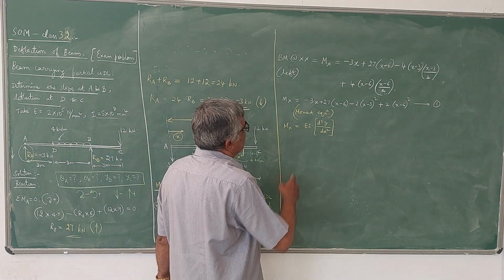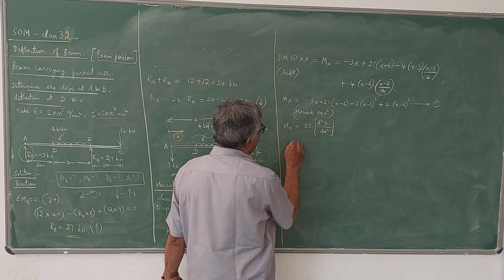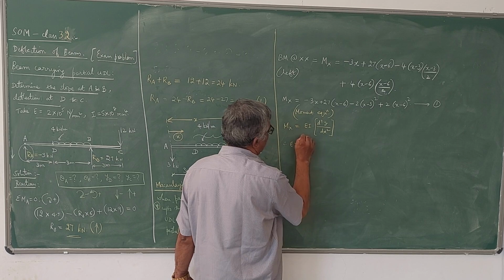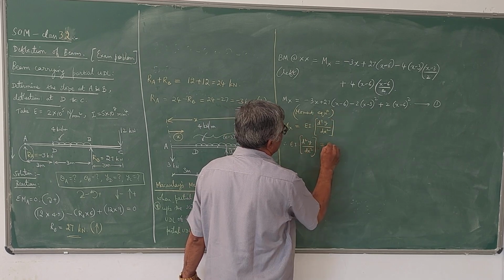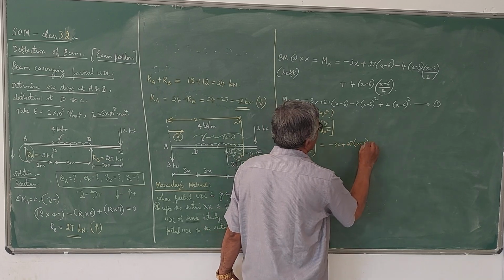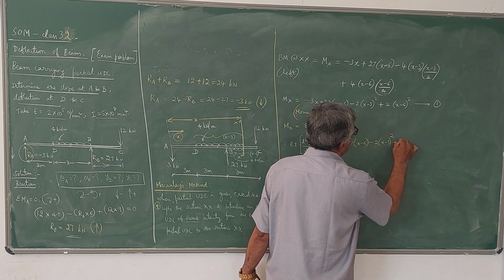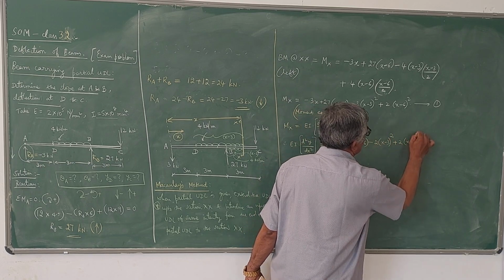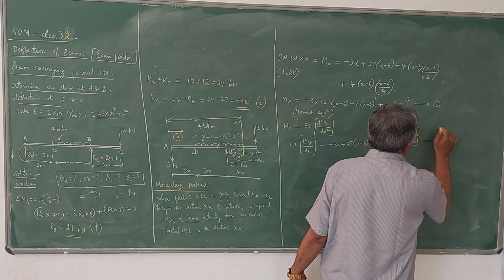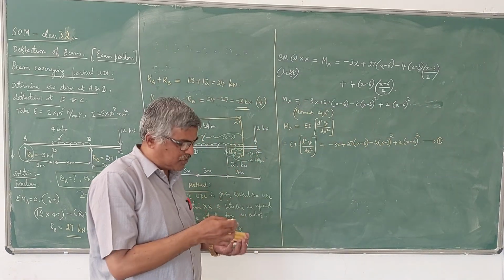So here, since Mx is known, EI into d square y by dx square can be equated to minus 3x plus 27 into x minus 6 minus 2 into x minus 3 whole square plus 2 into x minus 6 whole square. I will call it equation 1. Now once you integrate this, you know how to proceed further.